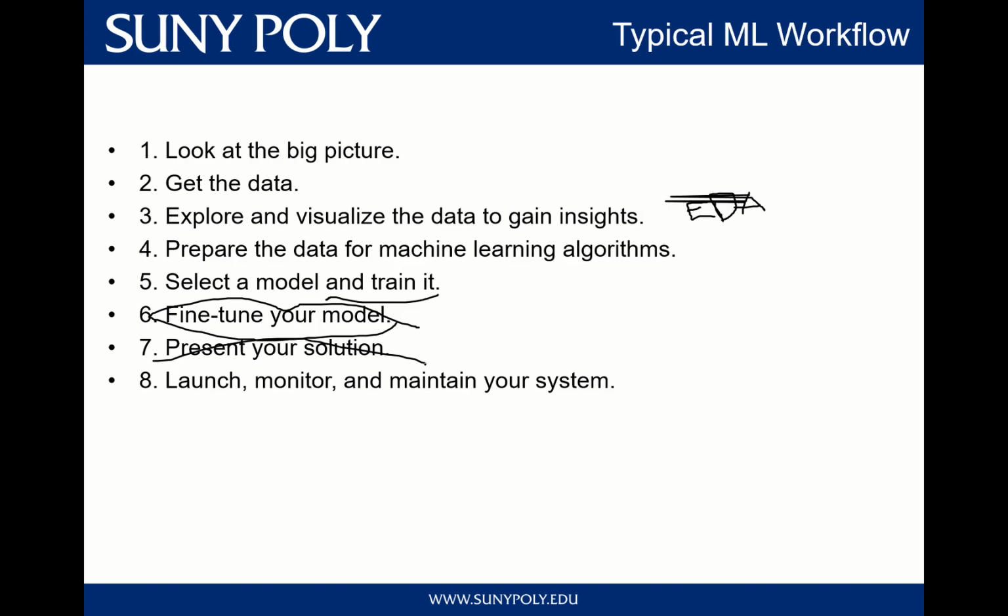And we need to test it, of course, before we deploy it, or that's what we call the model is in production. The production stage means that the users are using the model on a daily basis. And of course, we need to monitor the performance of the model and maintain the system, because it's possible that there are some changes in the data.